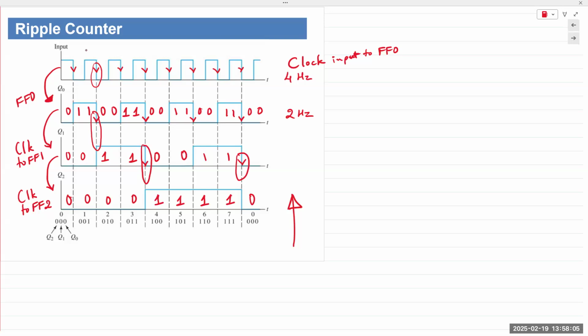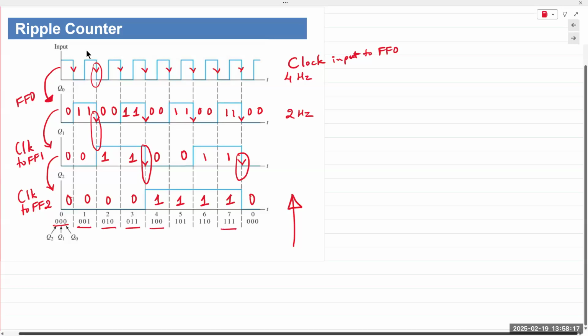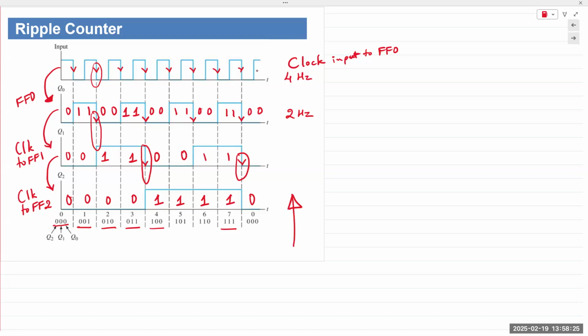If we read the output from Q2, Q1, and Q0, you would get 0, 0, 0, then 0, 0, 1, then 0, 1, 0, 0, 1, 1, 1, 0, 0, all the way to 1, 1, 1. When the output goes to 1, 1, 1, the next negative edge sends everything to 0.